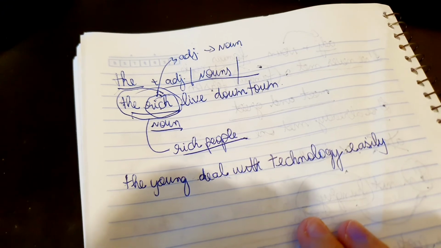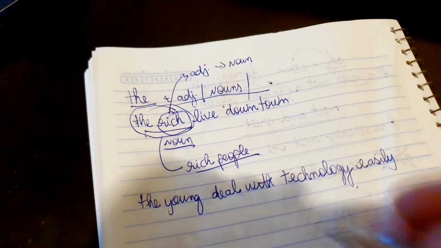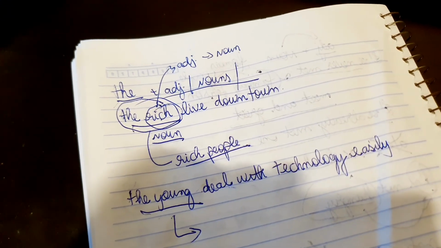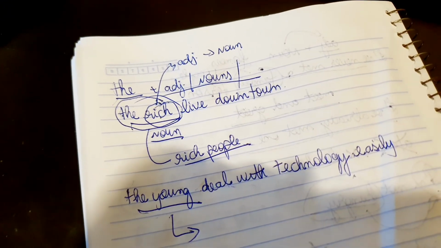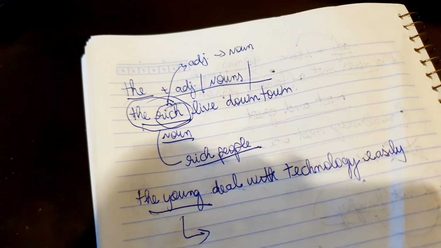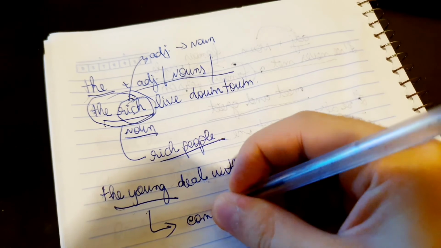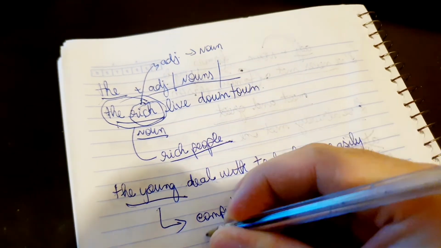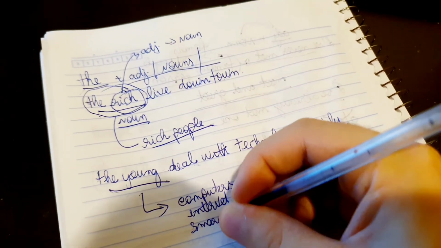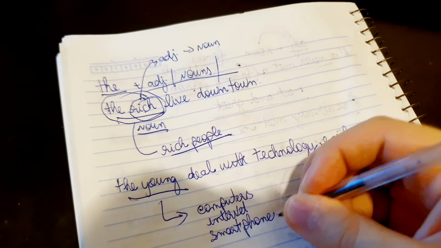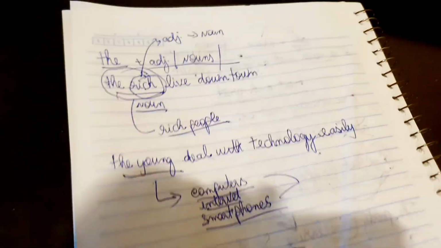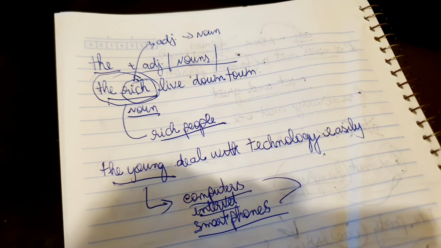Yes, I agree. The young, the current generation I'm talking about, when they were born, we already had computers, we already had the internet, smartphones. So they were born in this environment already, so everything becomes more natural to them, right?